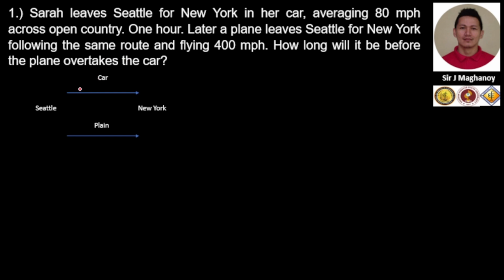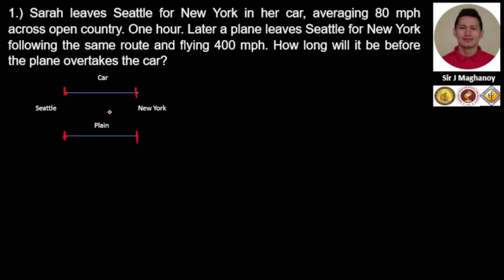It is not stated in the problem, but they leave from the same point in Seattle, the car and the plane. They are moving in the same direction, going to the same destination, New York.